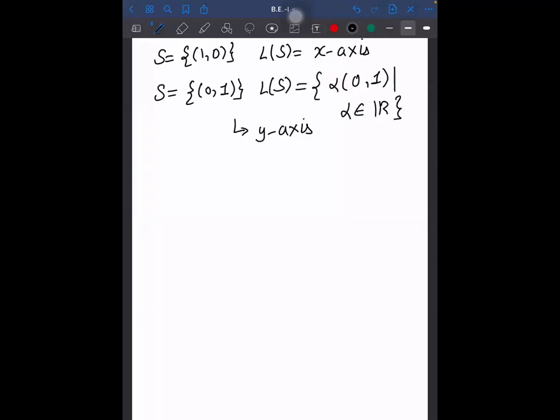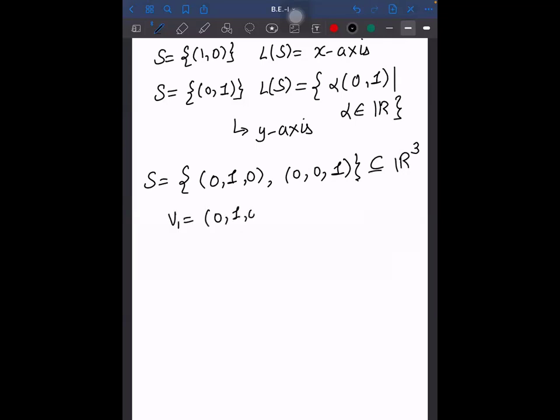Now I change my S and write it as, let's say, {(0, 1, 0), (0, 0, 1)}. In this case, this is a subset of R3, and I have V1 equal to (0, 1, 0) and V2 equal to (0, 0, 1).